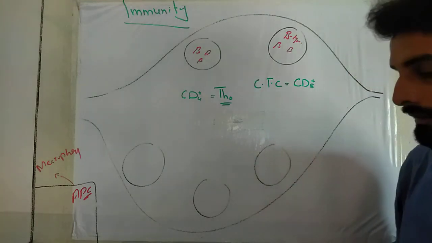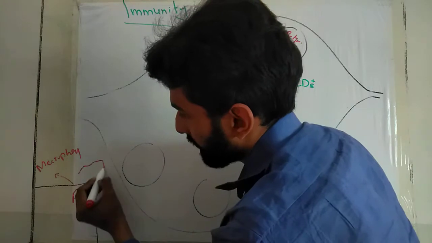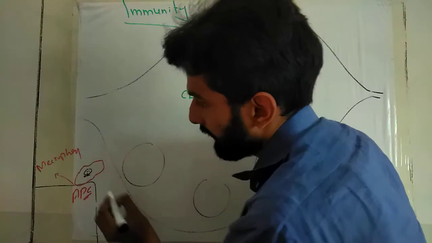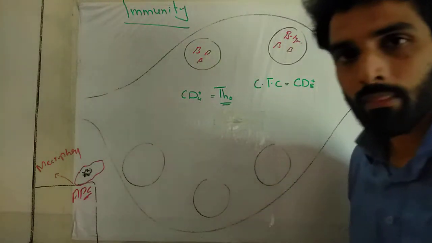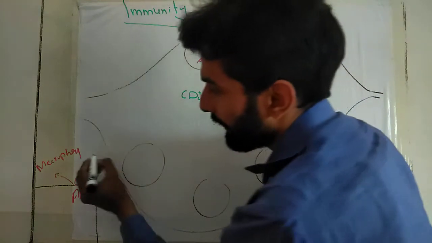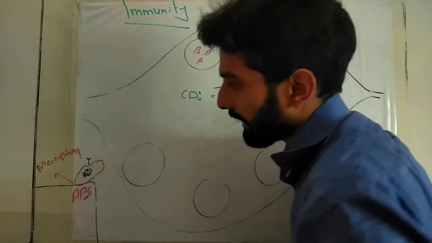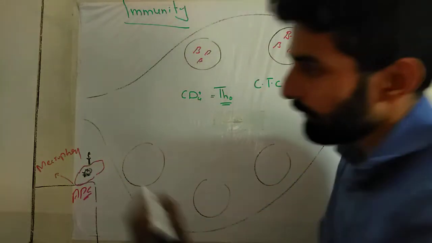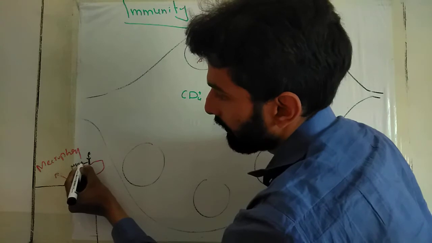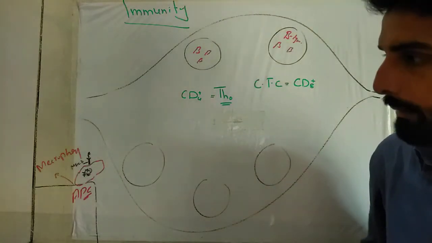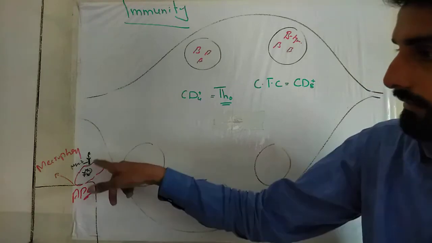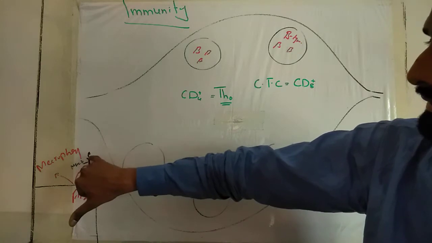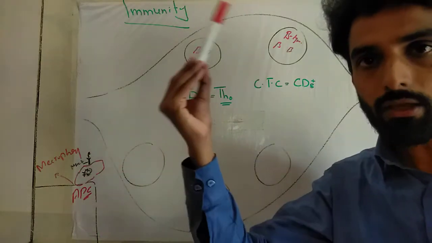For example, a macrophage will engulf a foreign particle like bacteria, digest and dissolve it, and then present the fragment of this bacteria on its MHC-2 protein. MHC-2, major histocompatibility complex, is a protein present on the outer surface of the APCs, and it presents the antigen on its surface.